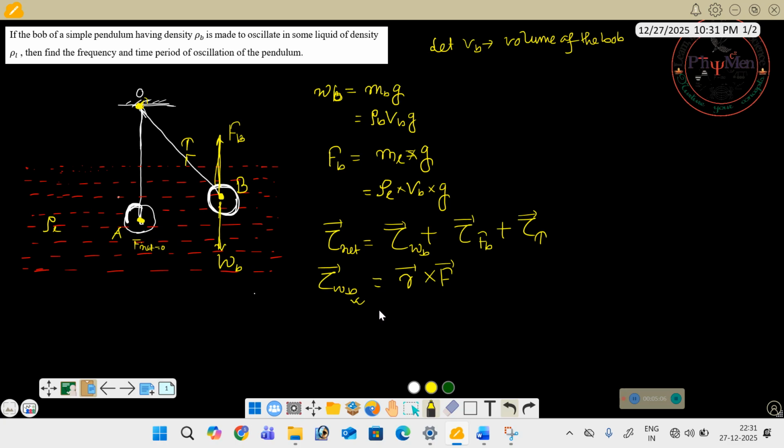Let the length of the string be L, then the R vector magnitude will be L. Its direction is along the string, from point O to point B. So torque is R F sin theta n cap, where theta is the angle between the position vector and the force vector.